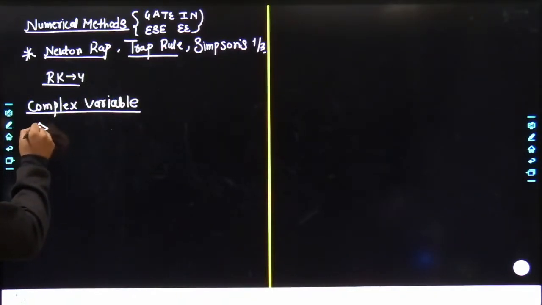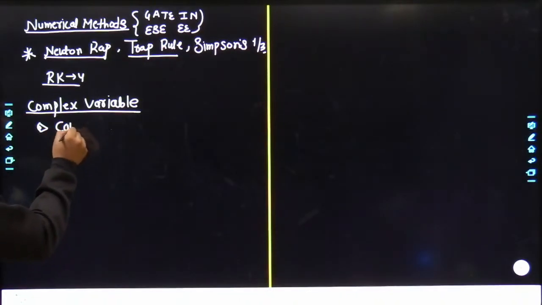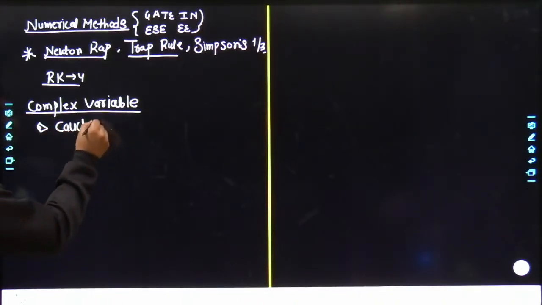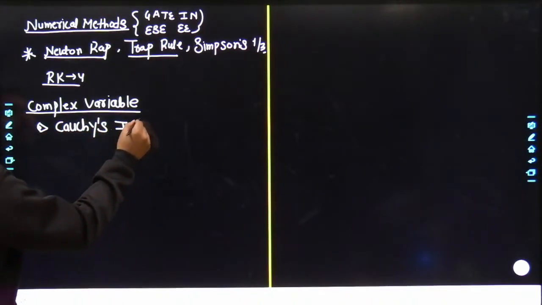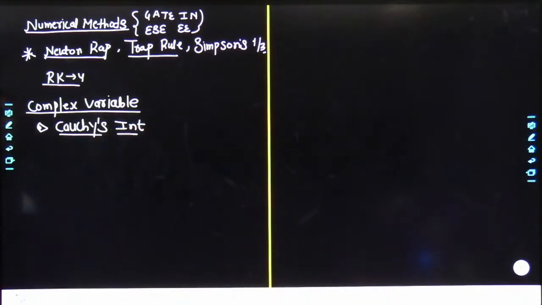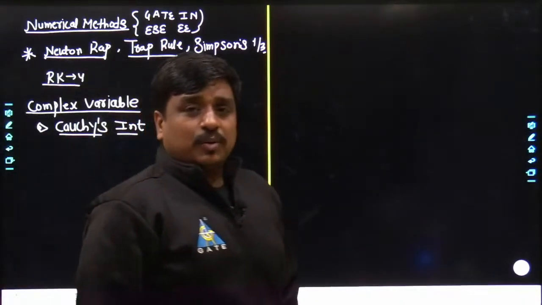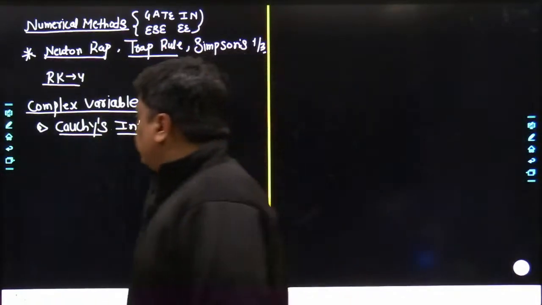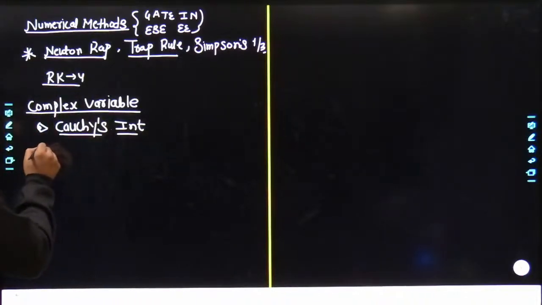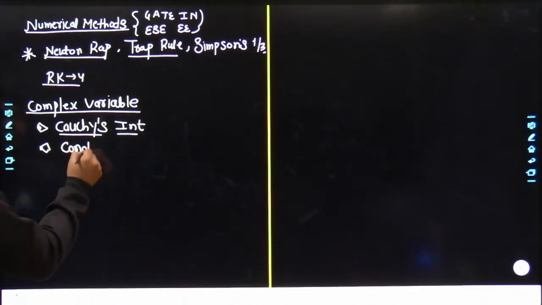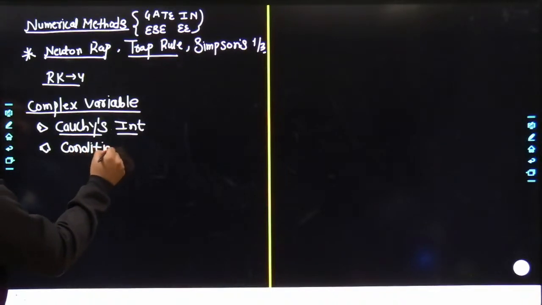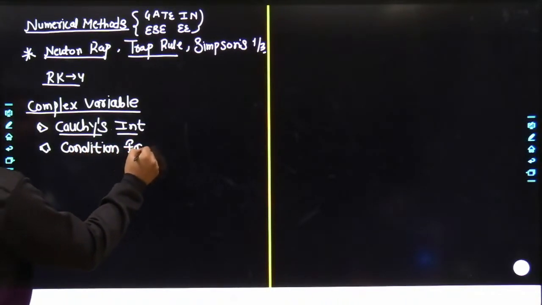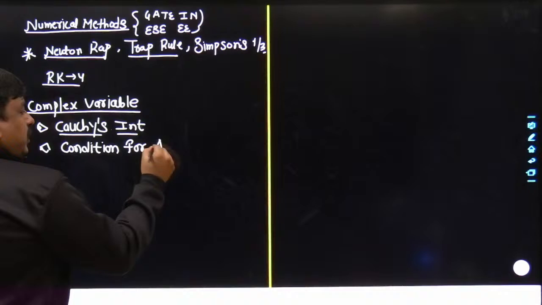First, Cauchy's integration. This year also their basic focus was on Cauchy's integration. So yes, the first is going to be Cauchy's integration. Second, analytic function, the condition for analytic function.